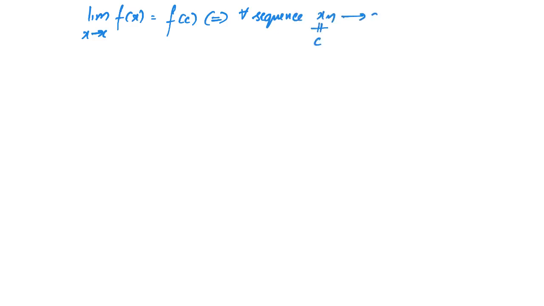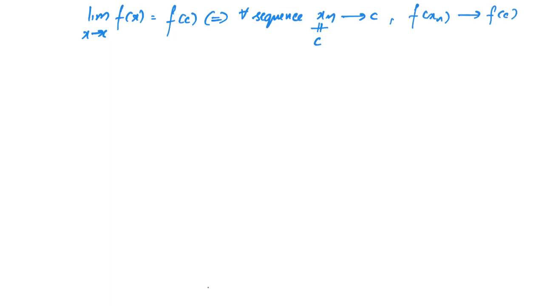Remember, we had seen in the chapter on limits that limit x tends to c of f of x is equal to f of c if and only if for every sequence xn such that xn is not equal to c and xn converges to c, f of xn converges to f of c.